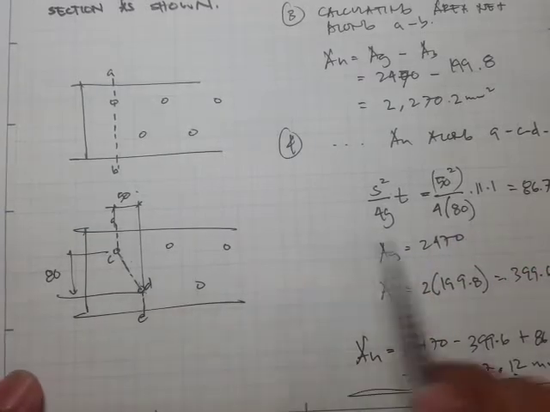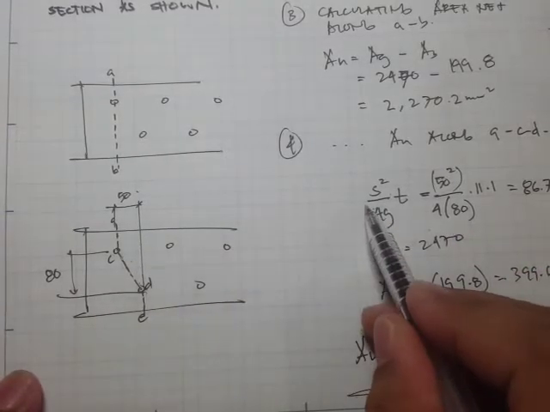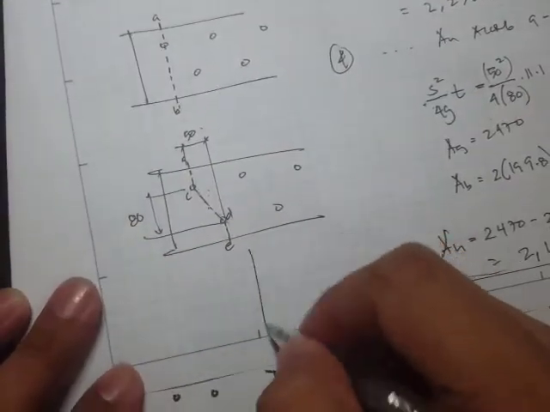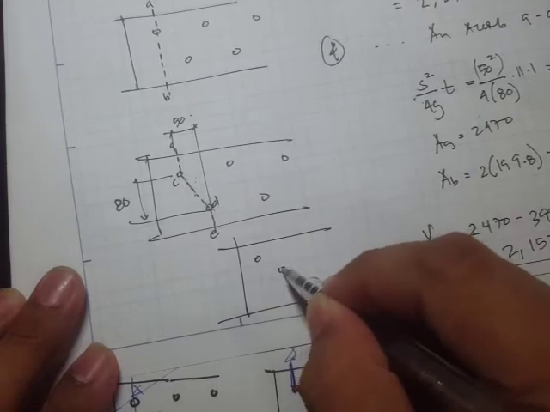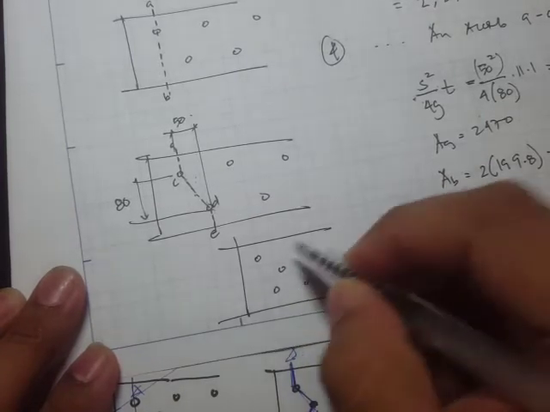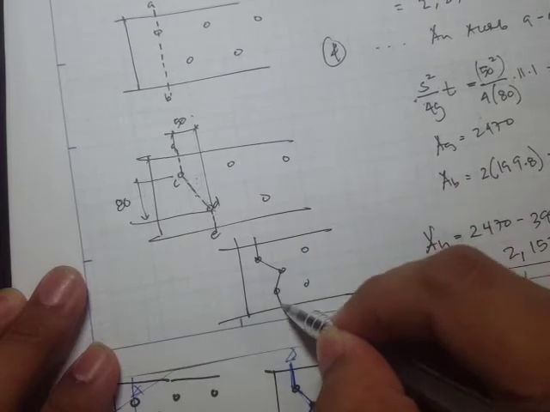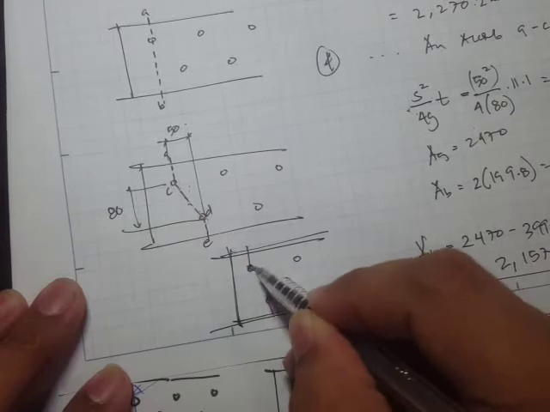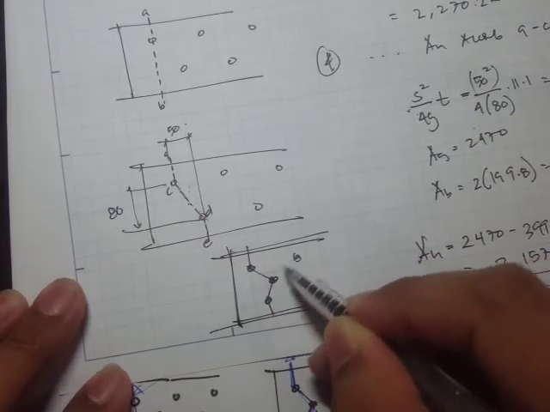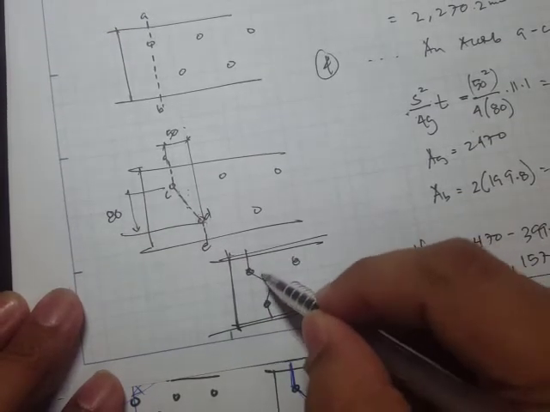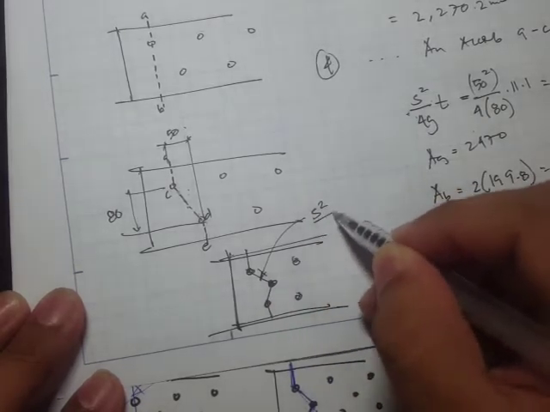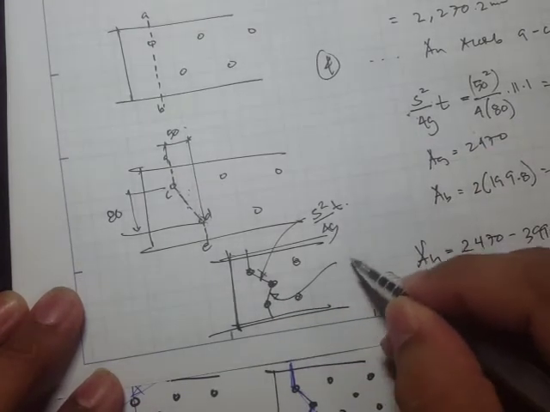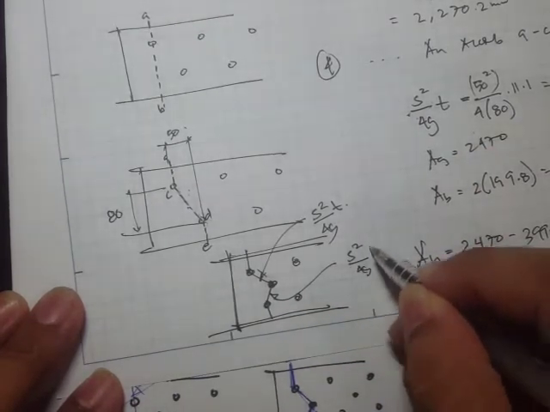And take note, this stagger factor is applied per diagonal line. For example, if you have a random configuration, something like this, with staggered configurations at non-uniform distances, then you have to apply the staggered factor here, s squared over 4g times t, and then apply another staggered factor here, s squared over 4g times t.